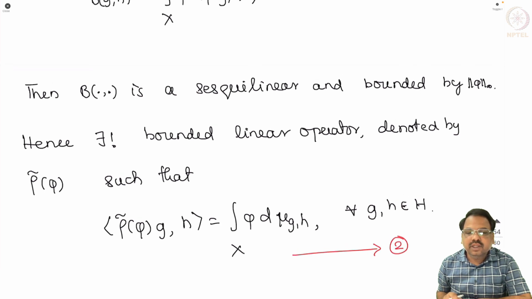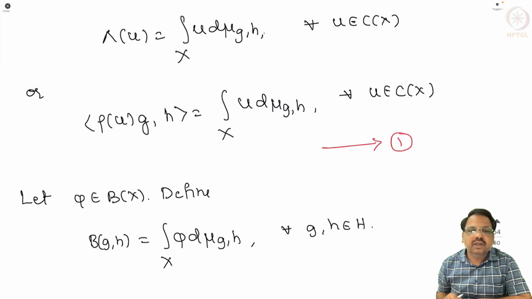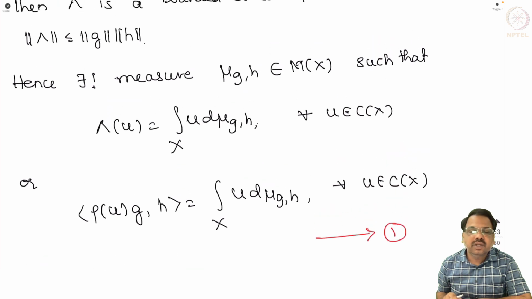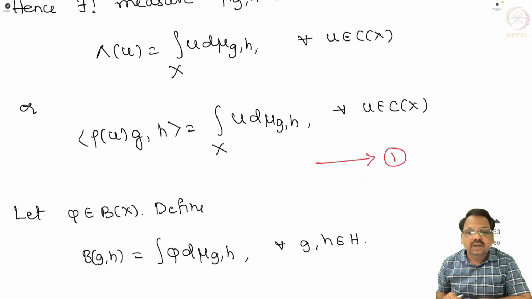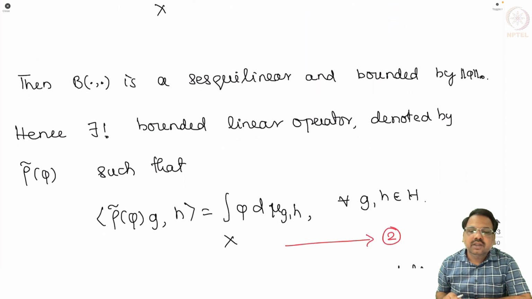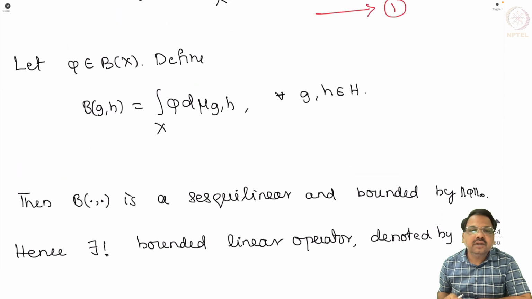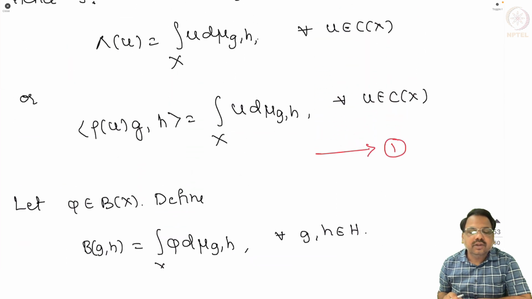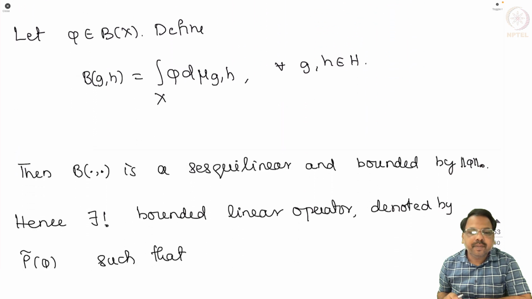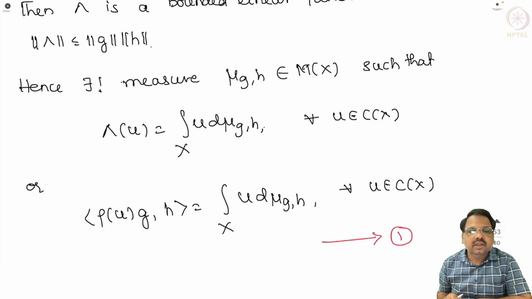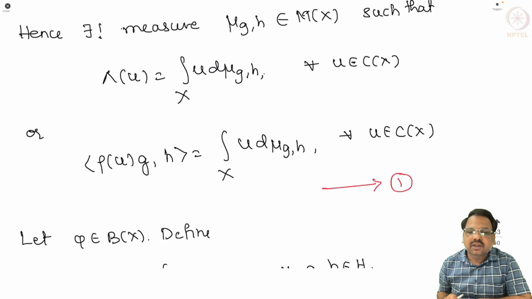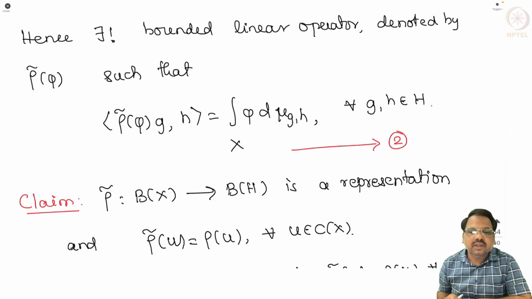If we observe equation 2 and equation 1, there is only one difference: equation 1 is valid for the set of all continuous functions, whereas equation 2 is valid for all phi in B(X), the set of all bounded Borel functions defined on X. So that means when we take u in C(X), then rho tilde of u and rho of u both coincide. That means we have extended the representation rho from continuous functions to bounded Borel functions.